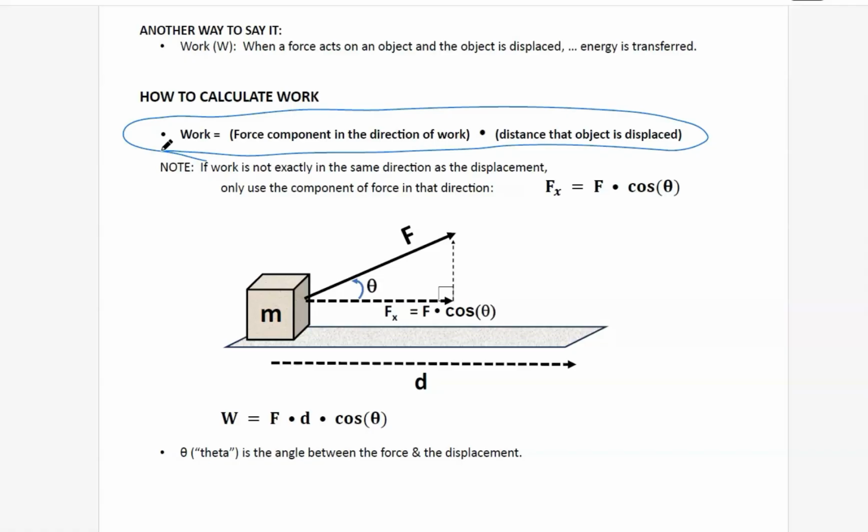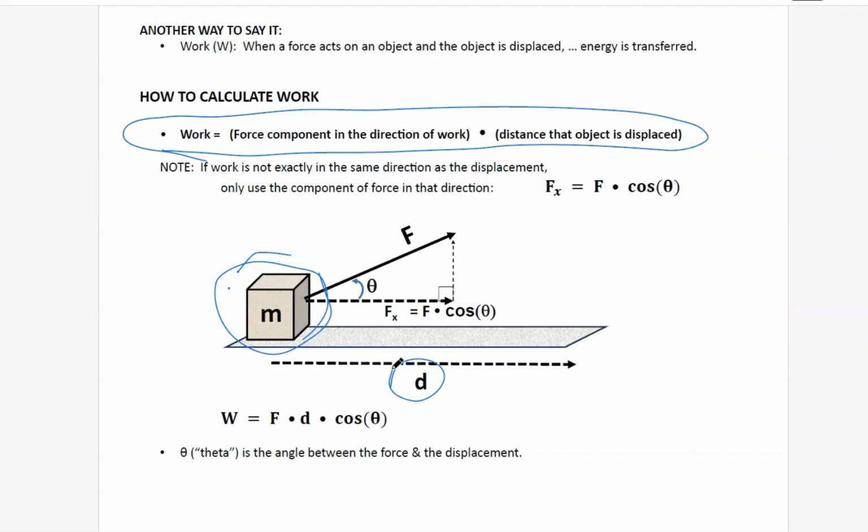Here we have some object with mass m, and it has to be displaced by a distance d. I know we're using d for displacement, but it's really the same as distance in these cases, so we just use d instead of the delta x you might be used to.